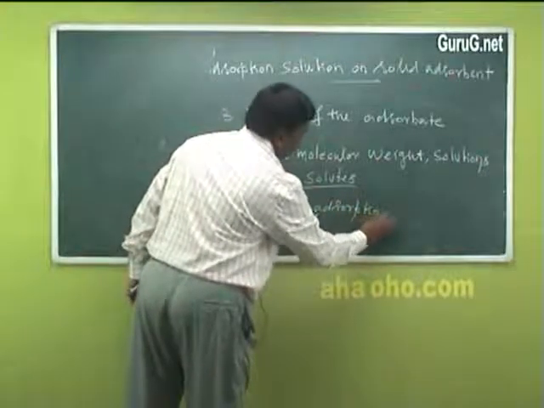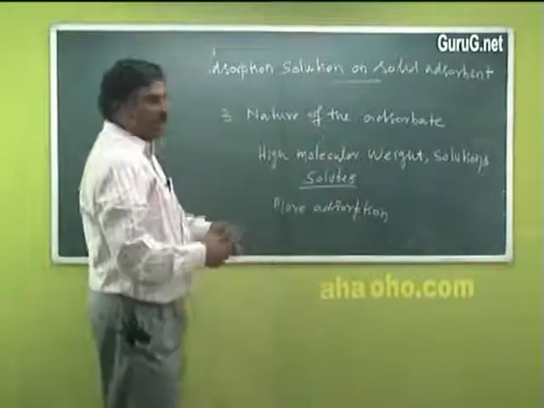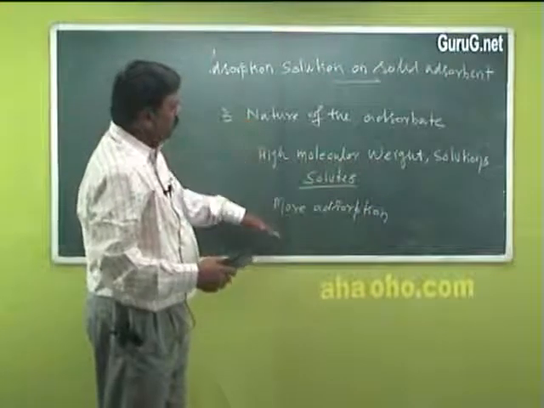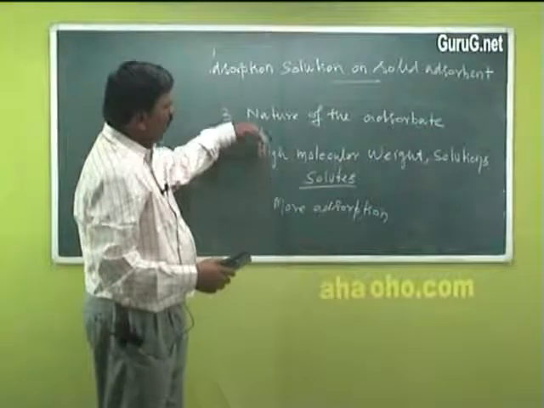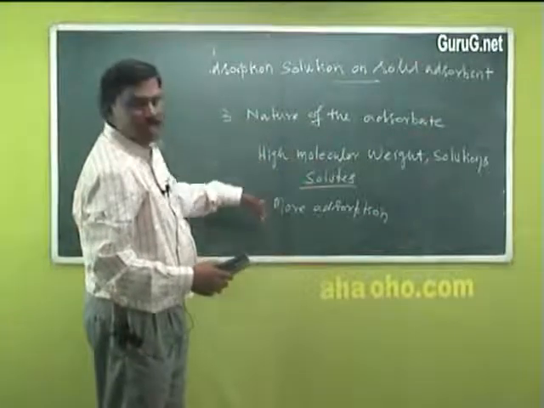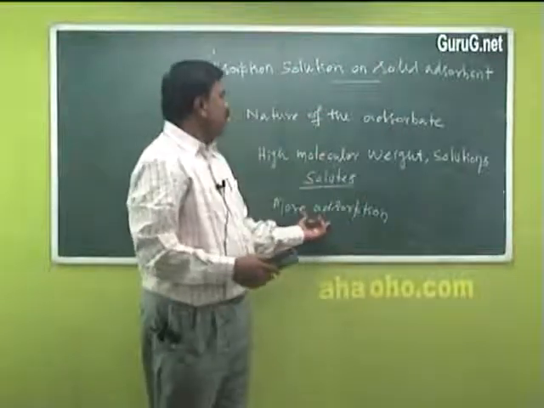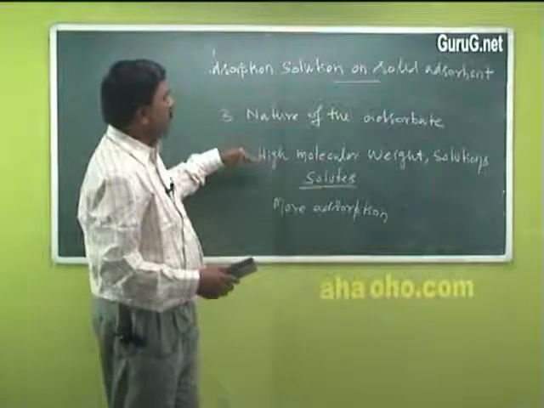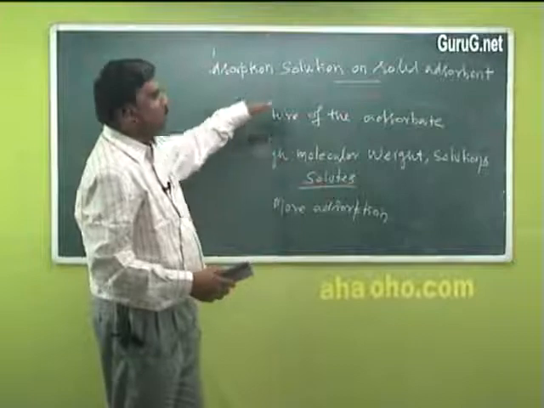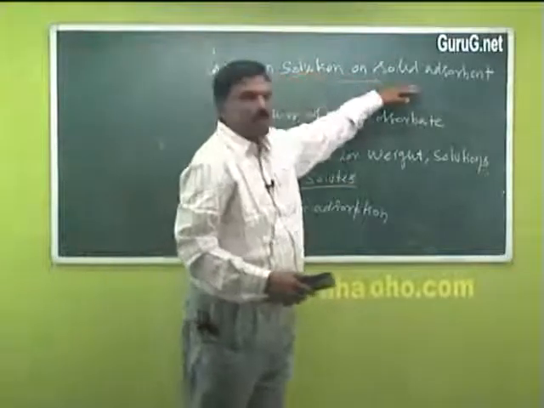The solute molecules easily move towards the adsorbent present in the bottom of the vessel, so it gets more adsorbed towards the adsorbent. So high molecular weight solute solutions have more adsorption. So these are the three different factors affecting the adsorption of solute on solid adsorbent.